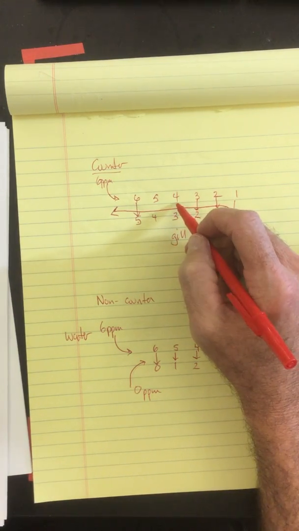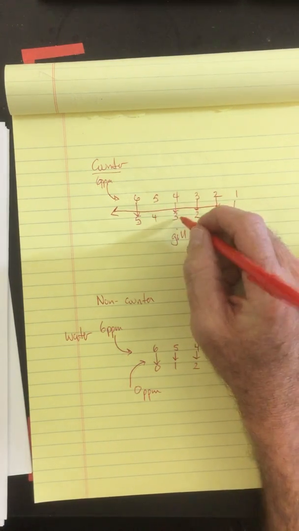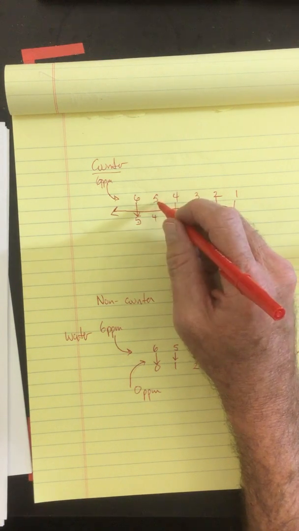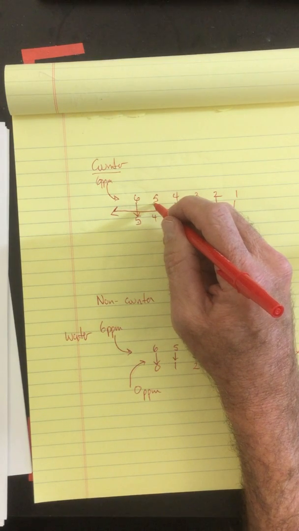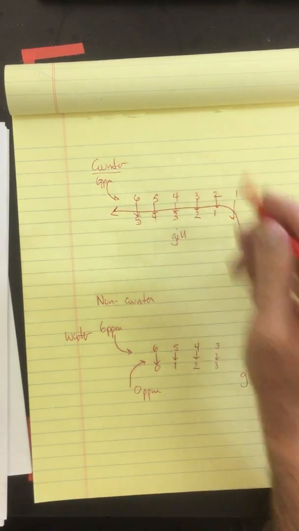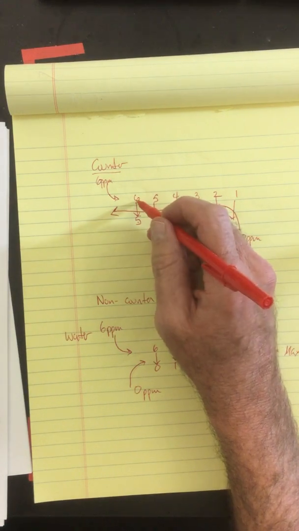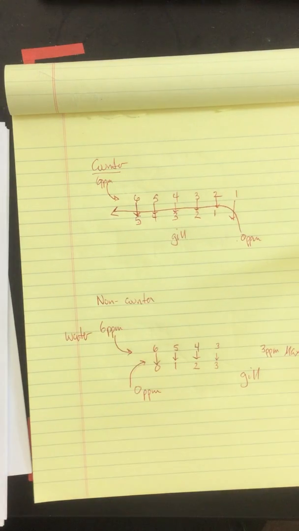It's encountering water with 4 parts per million, so it's going to be absorbing 1 part per million. Now it's 3 parts per million. It's going to be encountering water that has a higher concentration, 5 parts per million. So the oxygen will again diffuse into the gill. The 4 will be encountering water that's 6 parts per million, so it's going to diffuse across and become 5 parts per million.